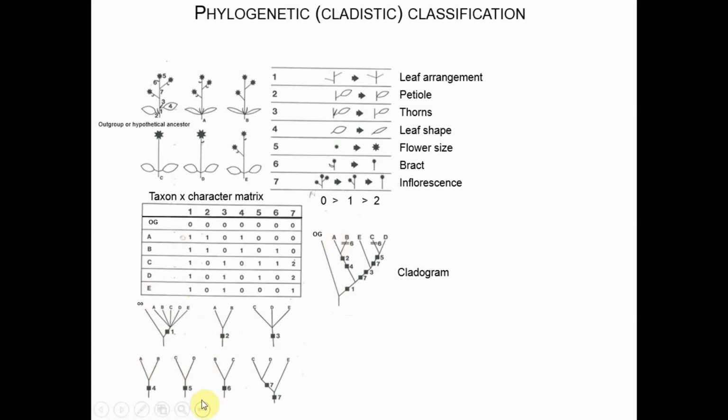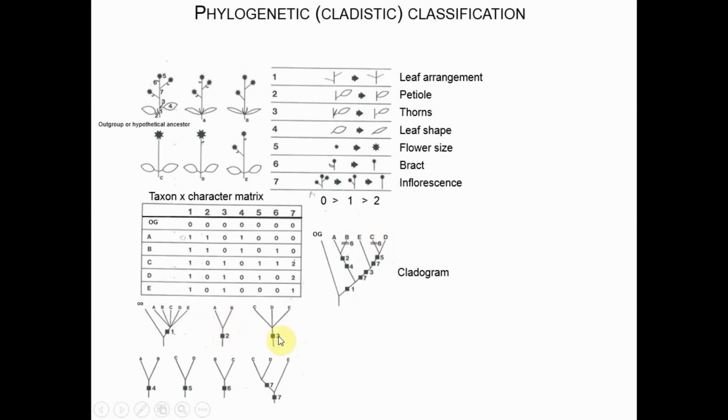C and D share these 2 characters, and C, D, and E are grouped together by these characters. So we would assume that A and B are sister taxa, and then C, D, and E are grouped together, but C and D are more closely related to each other than they are to E. Okay, so we draw A and B together, then E, and then C and D.